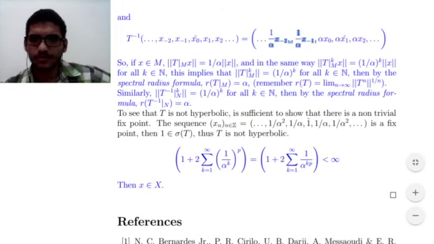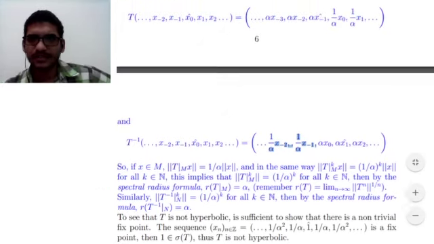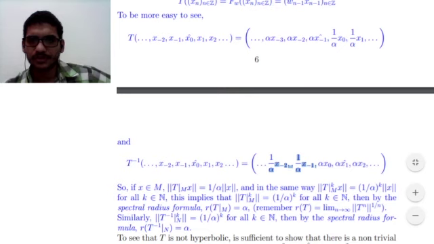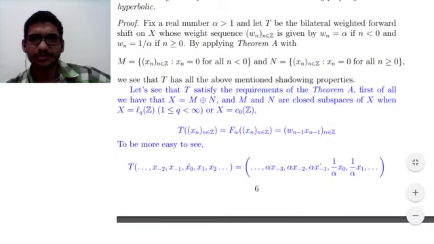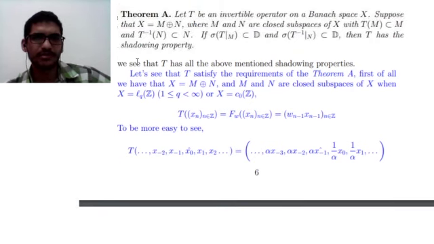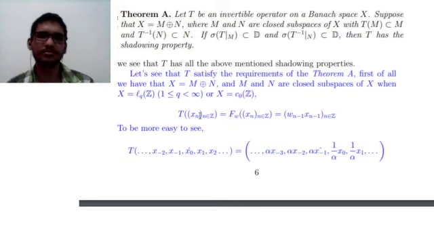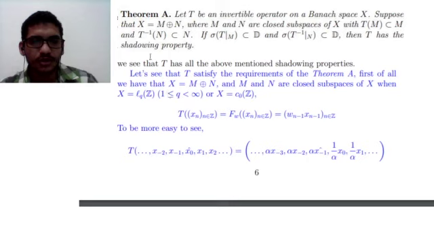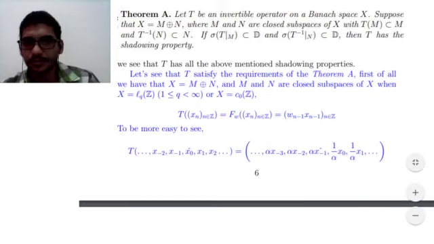So with this we have that T has the shadowing property, because we prove all the conditions of the theorem A. Remember, M and N are closed subspaces of X. With all the conditions, we have proved that T has the shadowing property.